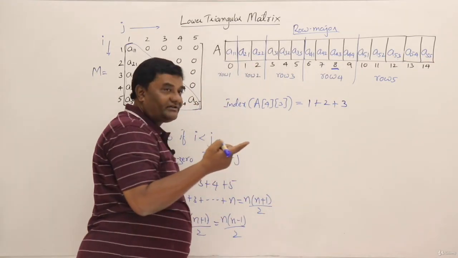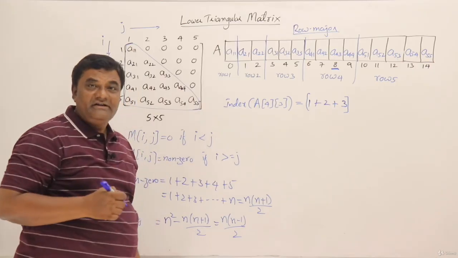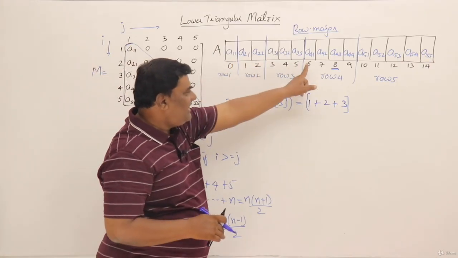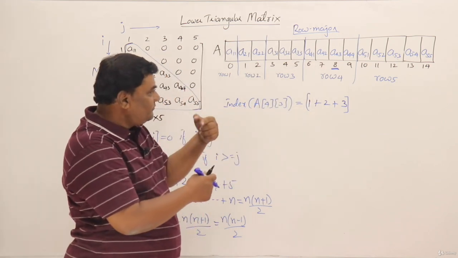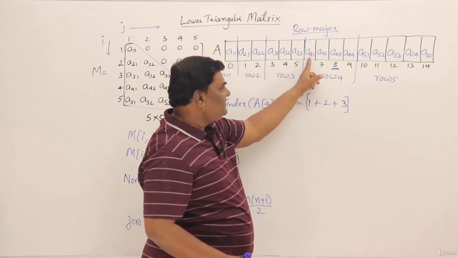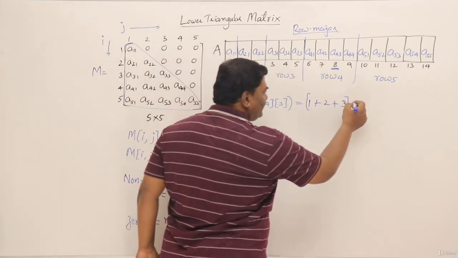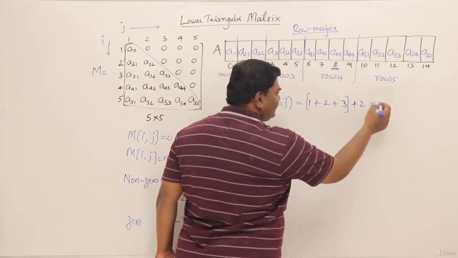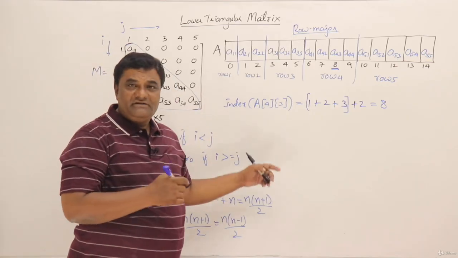So I have skipped 3 rows, and I am at the beginning of the fourth row. Then how many elements should I move ahead to reach 4, 3? I should move 1, 2. 2 elements I should move. So plus 2. If I take the total, this is 8. So yes, I got the index. So this is for 4, 3.